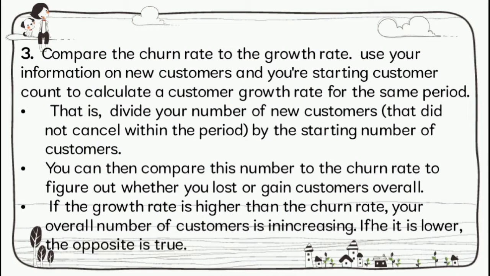You can then compare this number to the churn rate to figure out whether you lost or gained customers overall. If the growth rate is higher than the churn rate, your overall number of customers is increasing. If it is lower, the opposite is true.